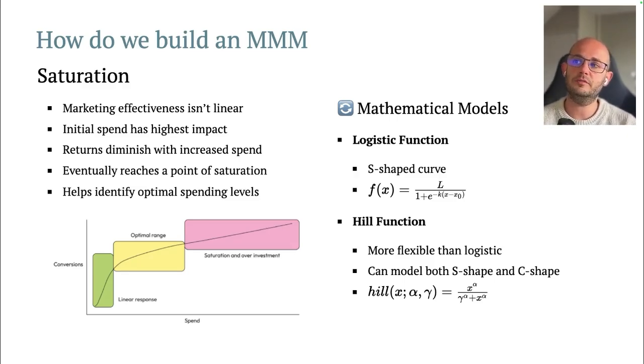Either you have the logistic function, which is basically an S-shaped function, and that's the mathematical formula for it. And the second model, which is way more flexible than the first, is the Hill function. With the Hill function, you can model both S-shape and C-shape. And most marketing tends to be C-shaped curves, not S-shaped. But basically, you have that flexibility.